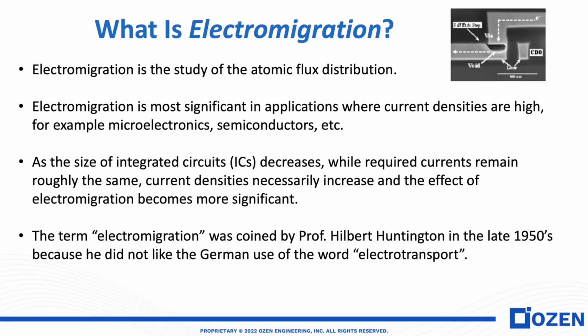As you know, in electronics, everything is becoming smaller, and as the physical size of the components becomes smaller, the current is still the same, and hence current divided by the cross-sectional area, the current density, is going to get really high.